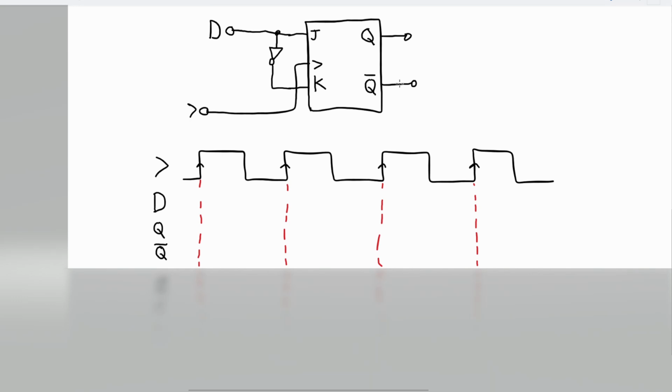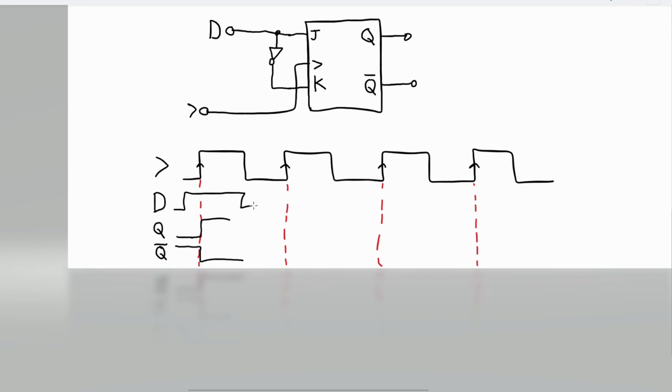So let's say that Q starts off at 0, Q bar starts off at 1. Let's say D starts off at 1. So on the rising edge, Q will become what D is, and Q bar will become 0.